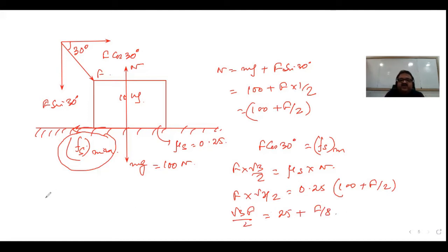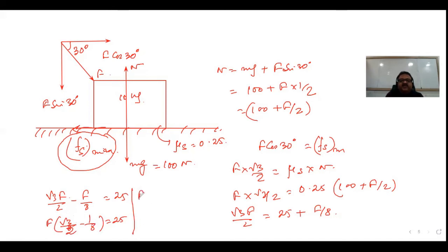So if I do the calculation and take it on that side, what will be the value? Root 3F by 2 minus F by 8 is equal to 25. Now if I simplify this, this would be equal to F root 3 by 2 minus 1 by 8 is equal to 25.